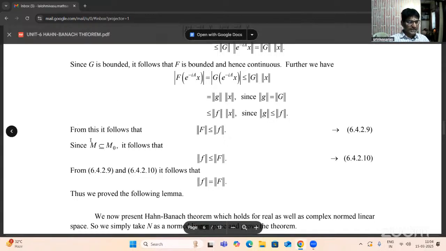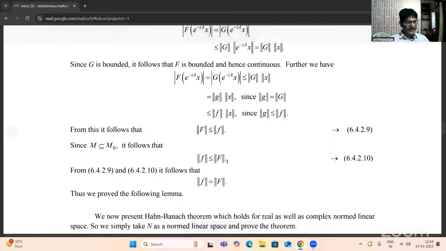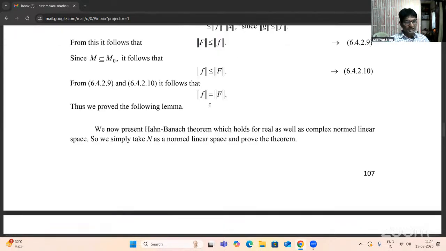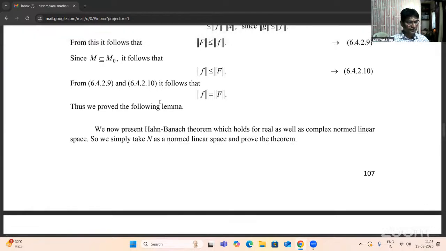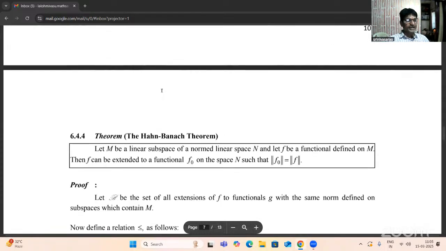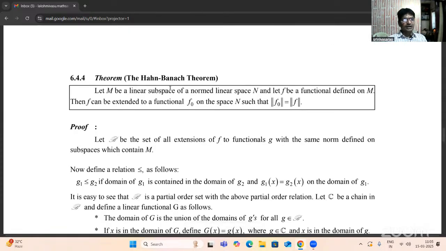And suppose M contained in M naught, it follows that norm small f less than or equal to norm capital F. In the above two inequalities, norm small f equal to norm capital F. That is the proved lemma. Now, one is the real linear space and the second one is the complex linear space, and it depends upon the linear functional. For the extended linear functional, their norms must be equal. That is the lemma concept.